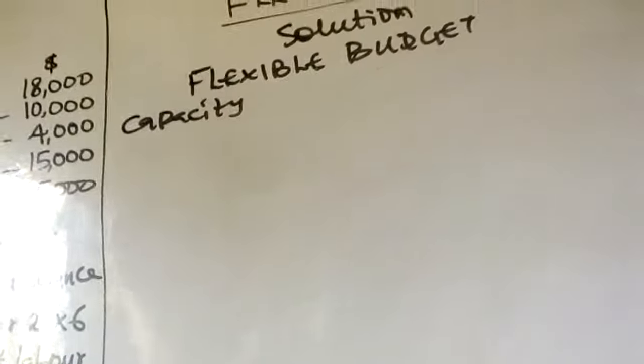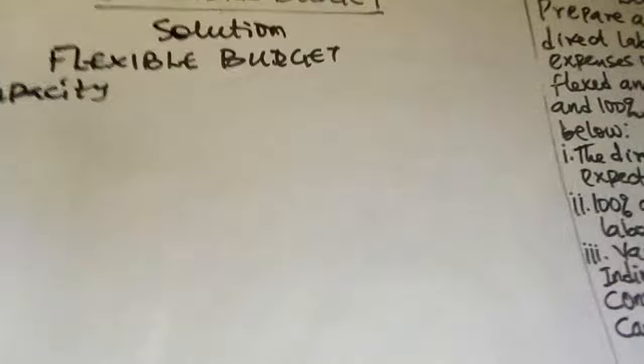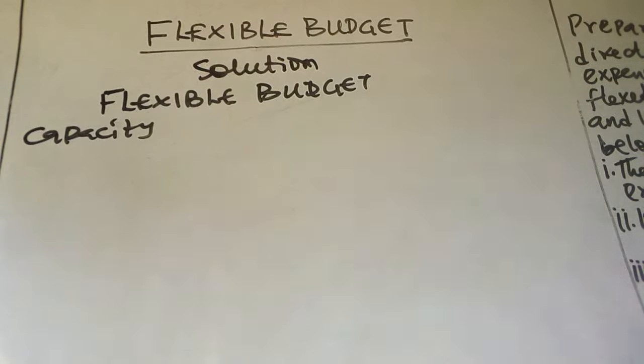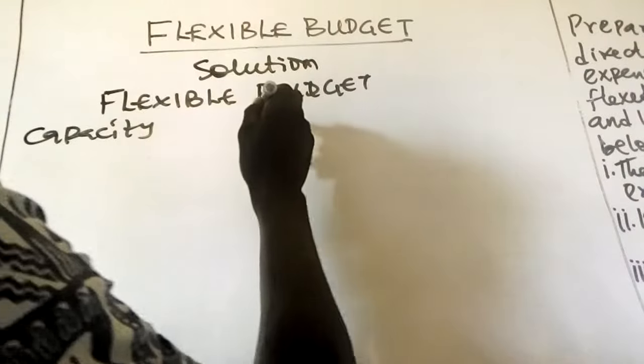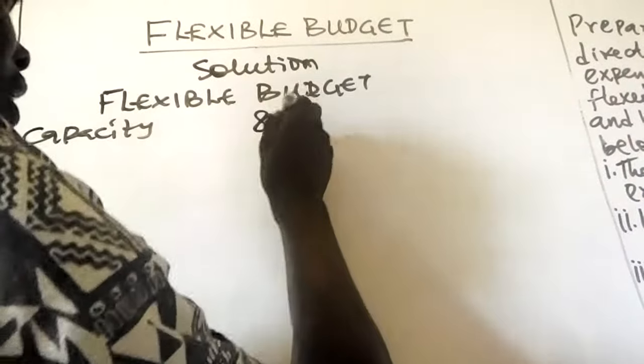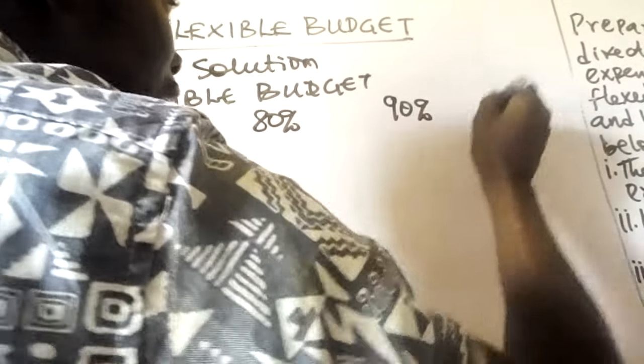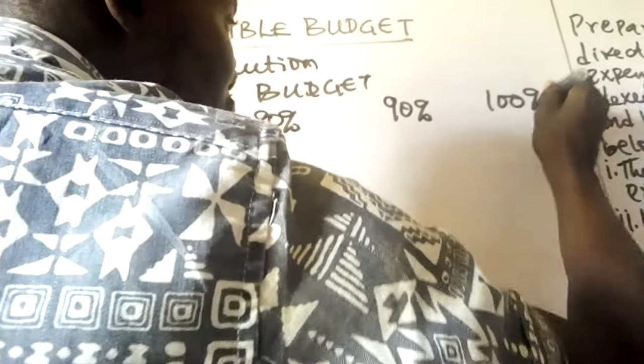Now, back to our flexible budget. You are given different capacity. Then you want to prepare the flexible budget based on 80% capacity, 90% capacity, and 100% capacity.